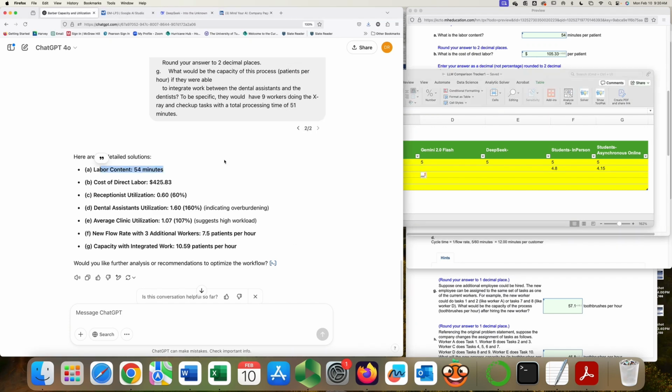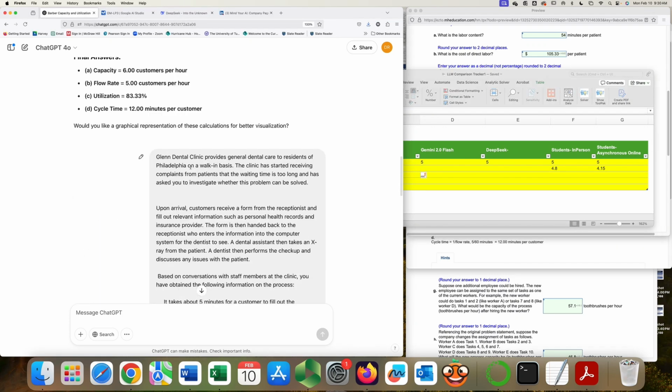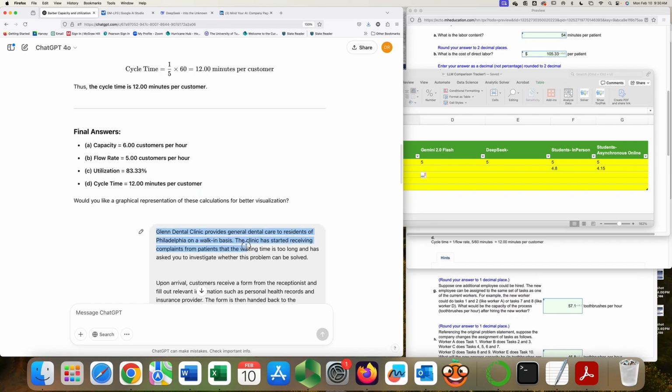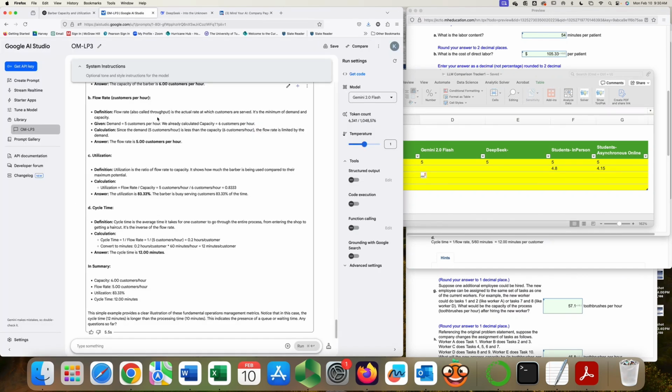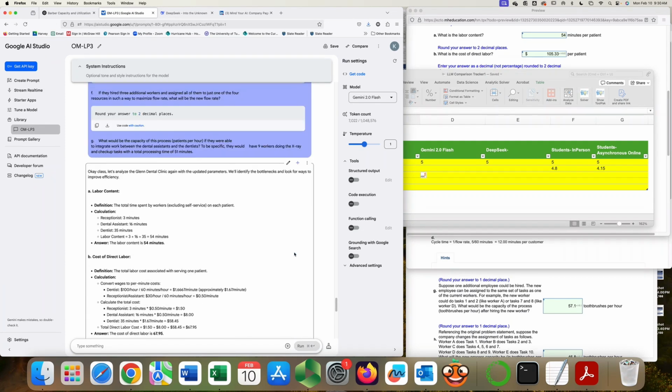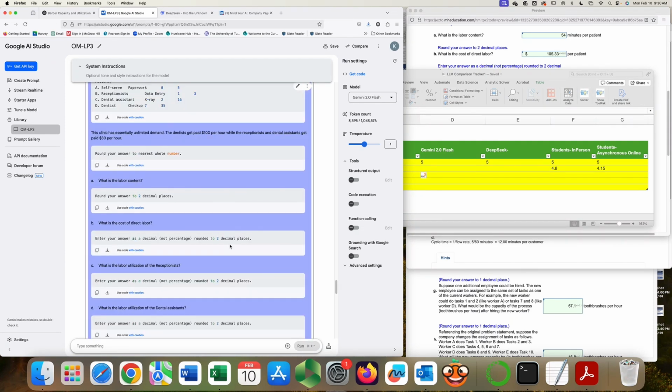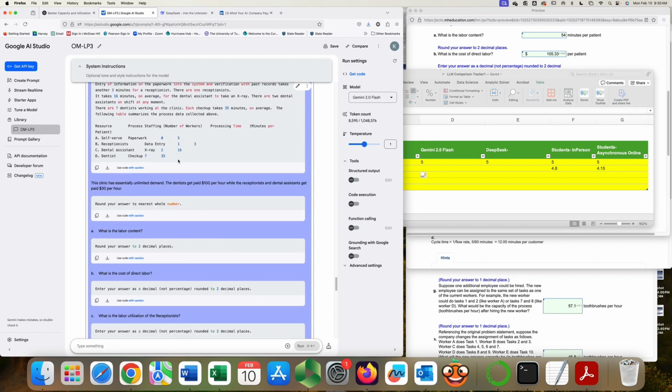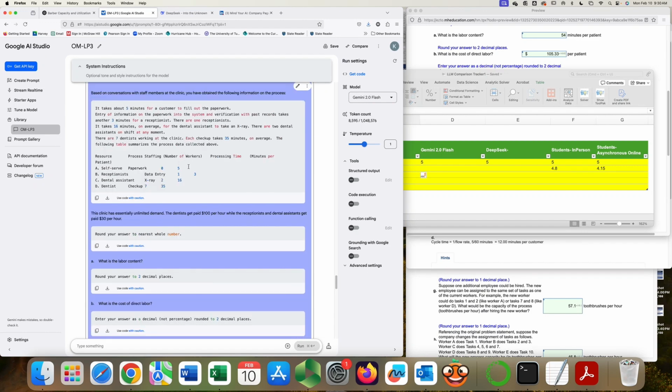All right, let's try the next one, and I'll copy the prompt, and then the Google AI. Okay, this one is parsing the data and the questions separately, which is really good, I would say. And here the key is that when the customer fills out the paperwork, they do it by themselves.